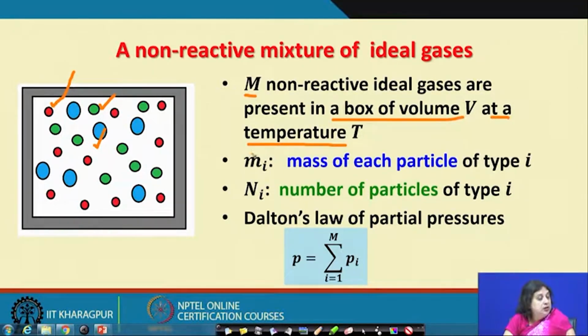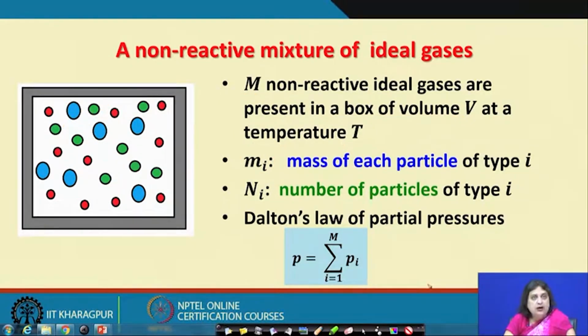Now, here let me adopt this notation that Mi is the mass of each particle of type i, which means here in my case i varies from 1, 2 to 3. So, here I will have 3 types of masses, M1 for this, M2 for this and M3 for this.